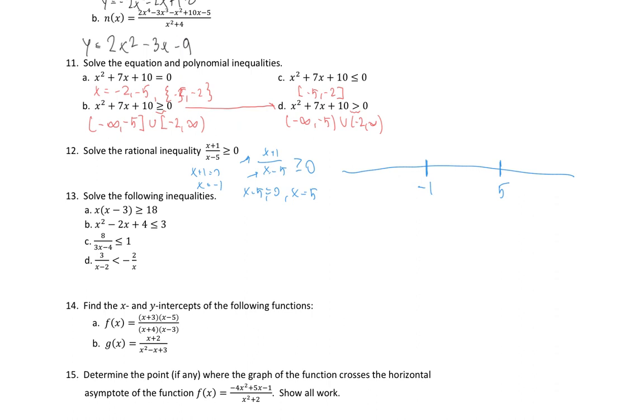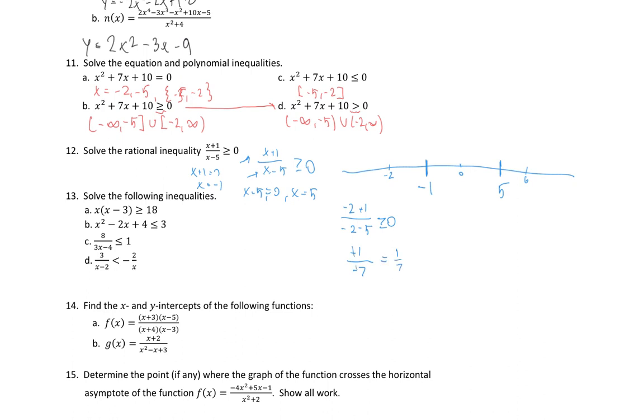So let's go ahead and pick some things to plug in. I'll plug in 0, let's say minus 2, and I'll plug in 6. So I'll do minus 2 first. So we have minus 2 plus 1 over minus 2 minus 5, and we need to see if that's true. Well, we get negative 1 over negative 7, which is the same thing as 1 over 7.